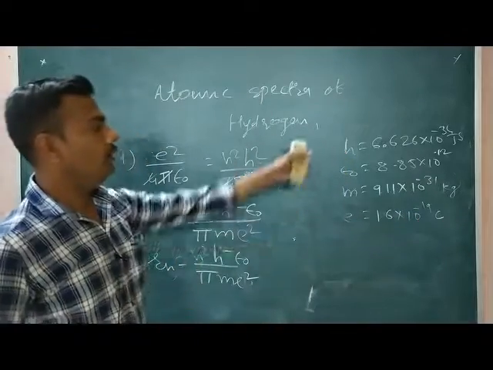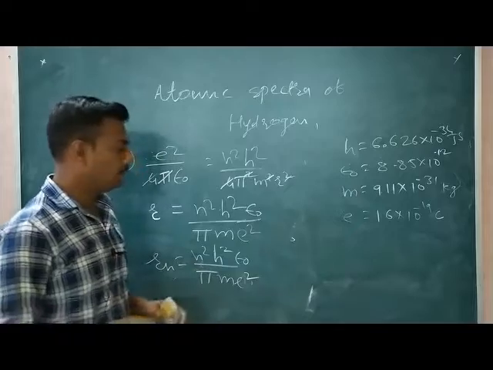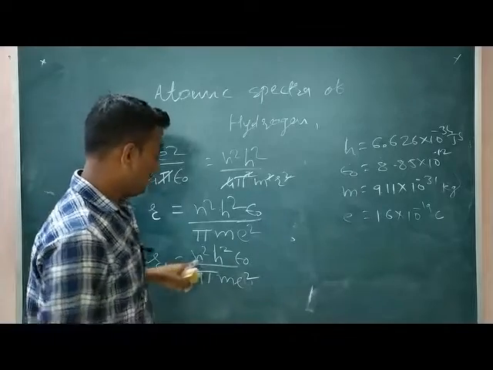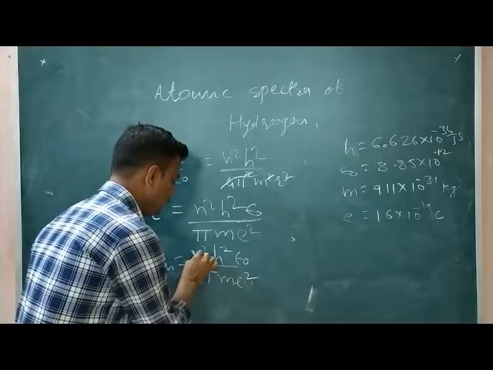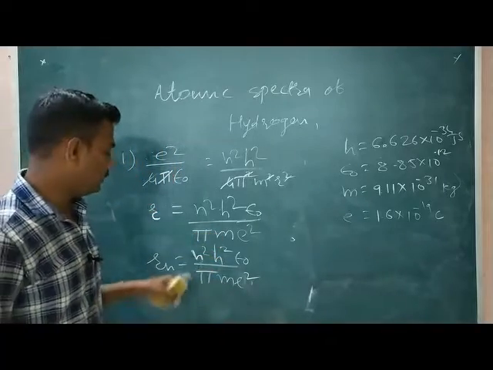Okay, so if we substitute all these values in this equation, what will I get? n is a number, it is not a constant actually. n is the number of the orbit, in which orbit the electron is revolving.